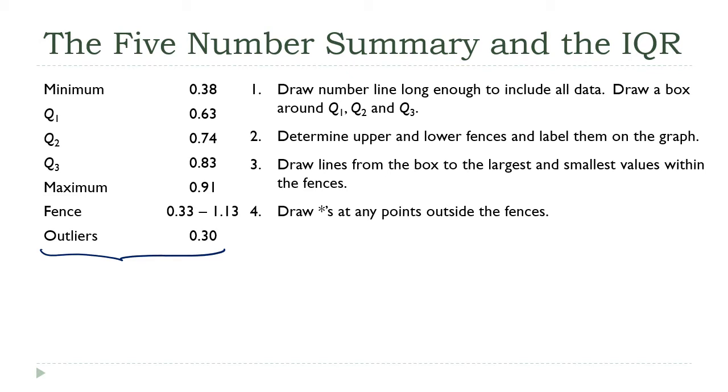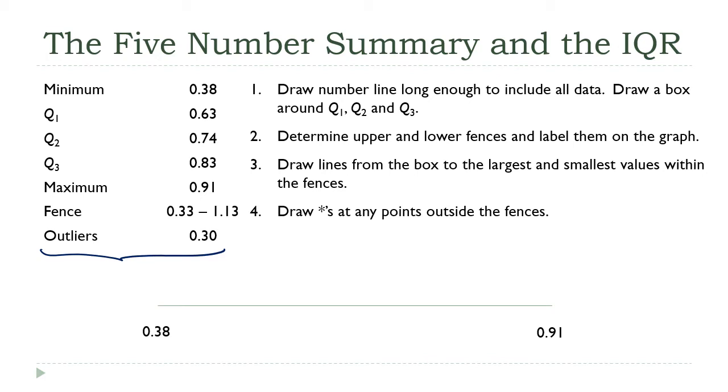Then we'll go through these one at a time and see how we can use these to draw this box plot. All right, so step number 1: draw a number line long enough to include all the data. So I'm going to start with a number line, and it has to include all the data. So I'm going to put the minimum value and the maximum value. Now my next step is going to be to locate all of these other values on it.